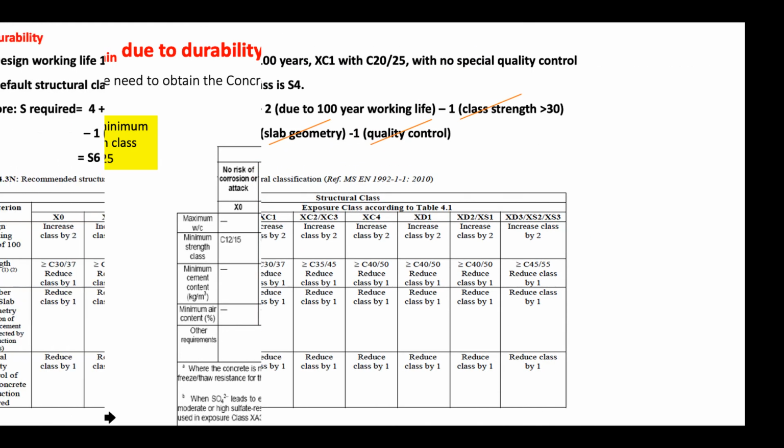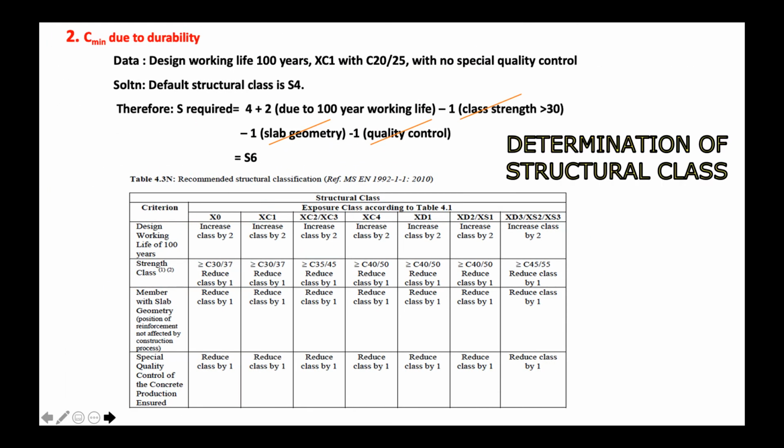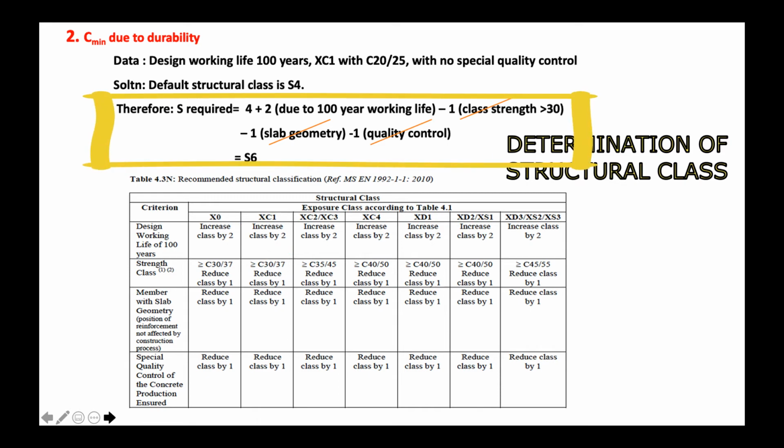The next step is the determination of the structural class from table 4.3N. From here, our assumption is that the structural class is the default S4. Since it will be designed for 100 years, we need to go to the XC1 column with the row for a design life of 100 years. So the structural class must be increased by 2.